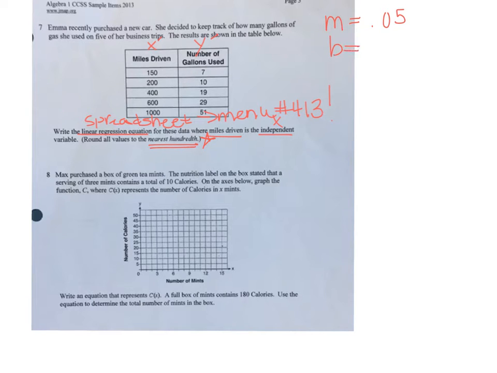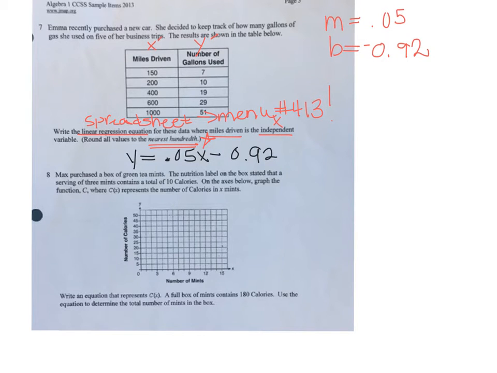My b is equal to negative 0.92. And now I can write it into my equation. So y is equal to m, which is 0.05, x minus 0.92. That's my linear equation.